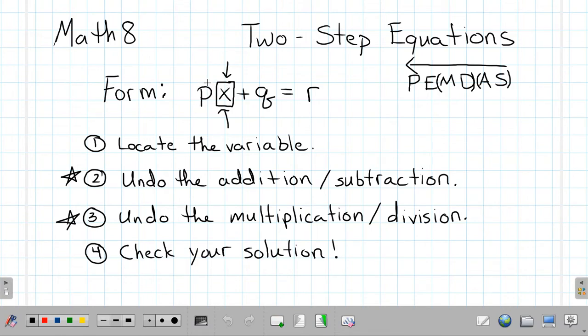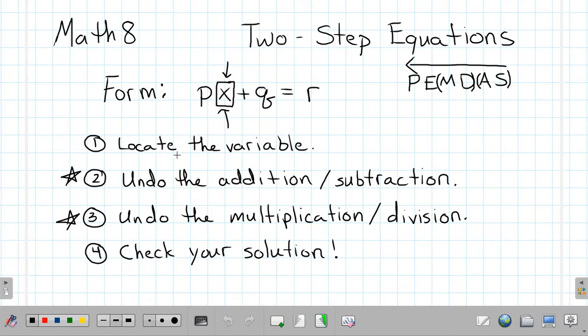But that's neither here nor there because what we need to focus on here is the form, meaning we have the variable we're looking for times a number, then plus or minus another number, and then it's equal to yet another number, okay? So in this case, we're focused on this variable here.